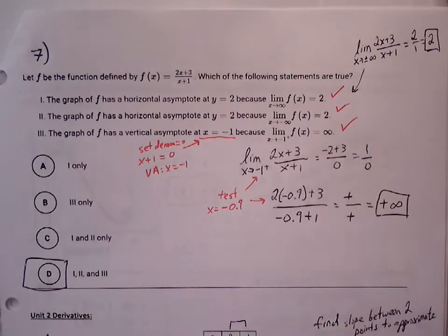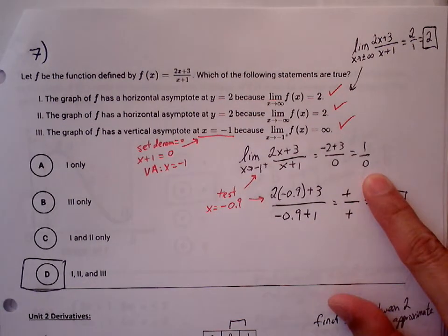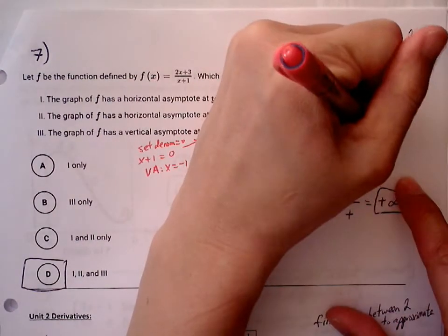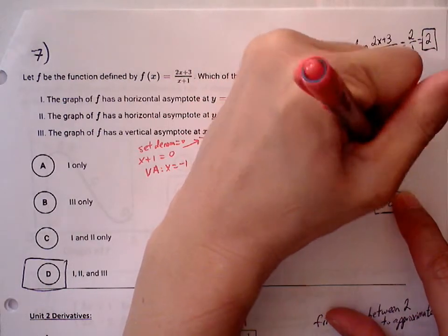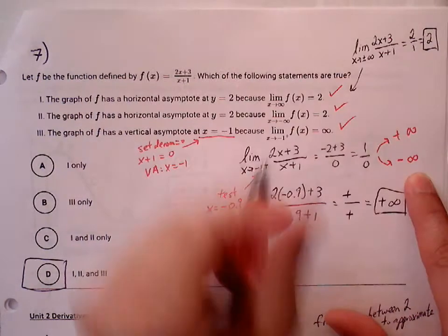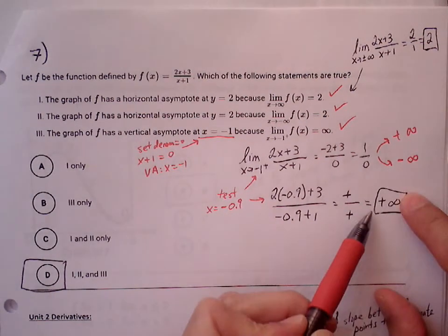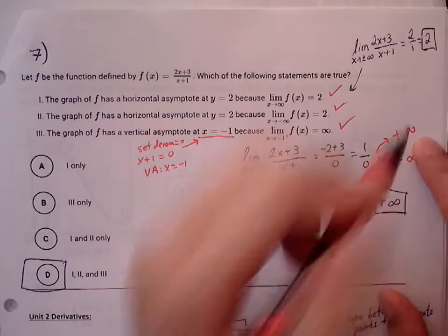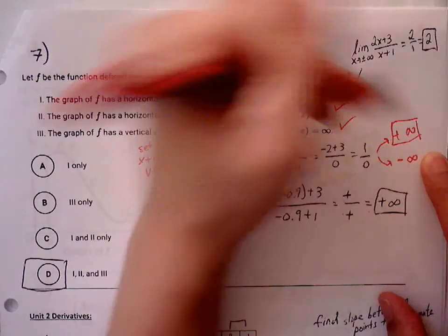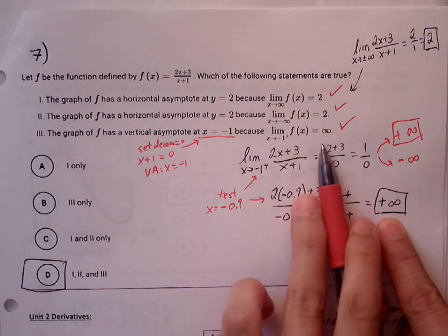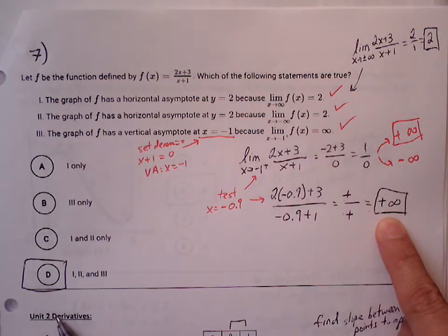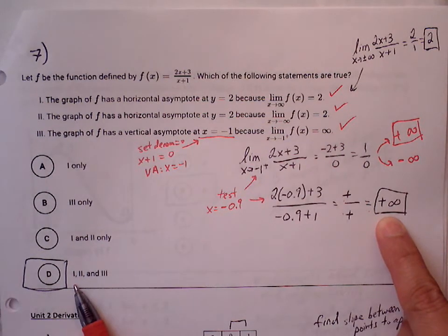So we know that once we know that there is a vertical asymptote, there's only two options, right? It's either positive infinity or it's negative infinity. And that's when we use decimals to help us decide between these two options. So positive over positive is positive infinity. So this statement is true. So options 1, 2, and 3 are all true for number 7.